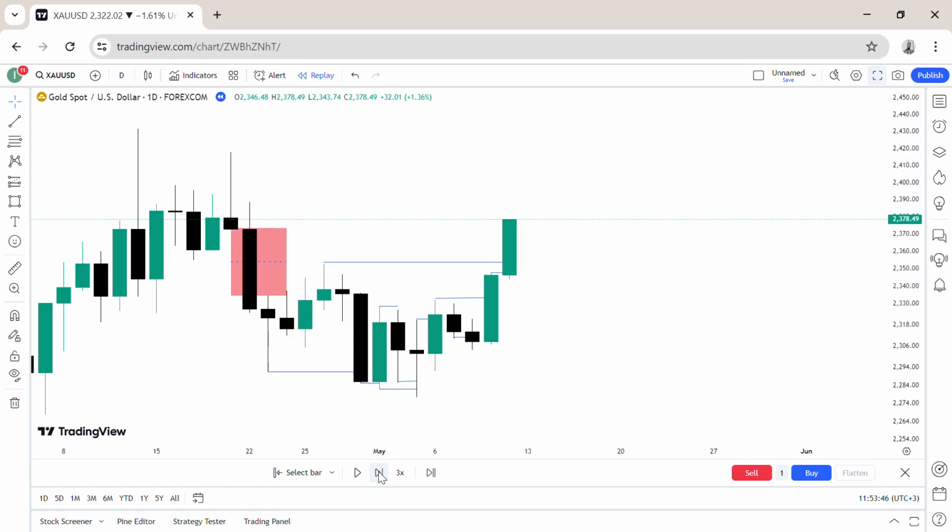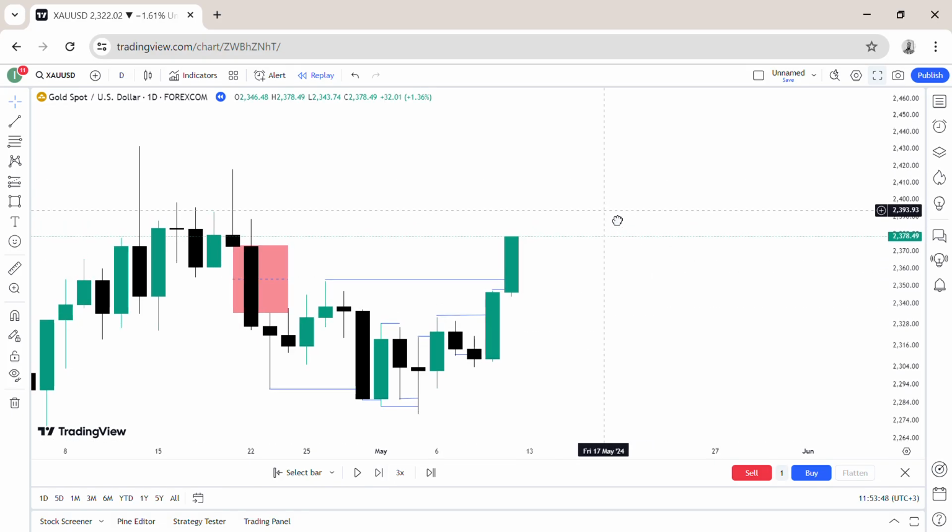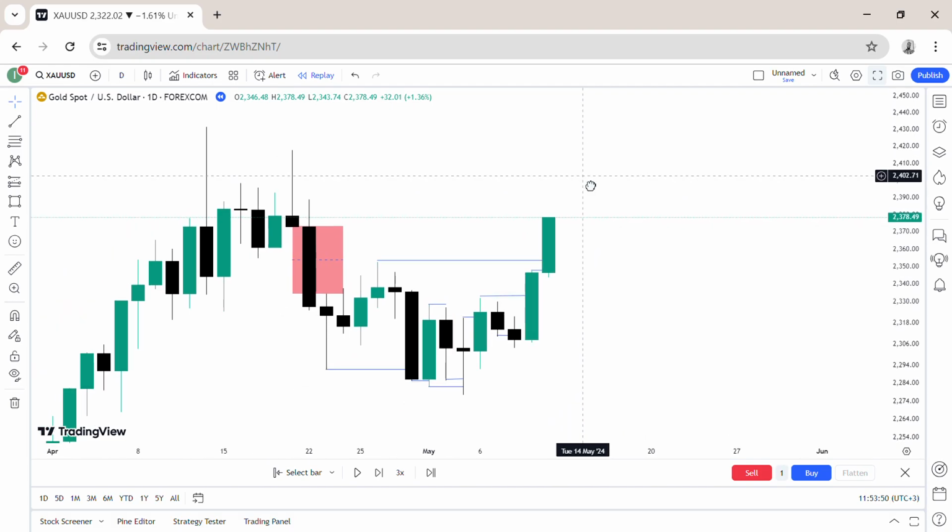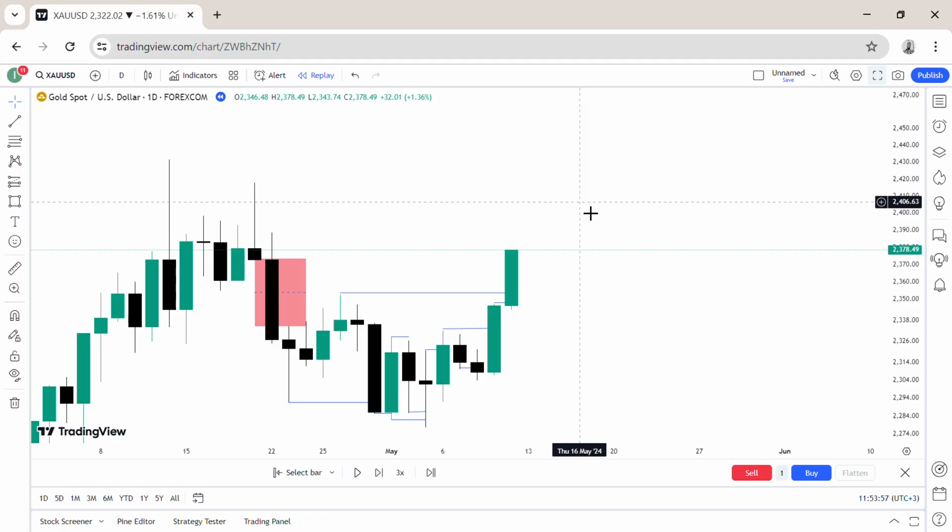Okay, exactly. So that's what happens. So you see, our bias was right. Now if you see it again, this candle closed above the previous day high, closed above this swing high. It's not a wick, it's a whole body. It's the body itself.